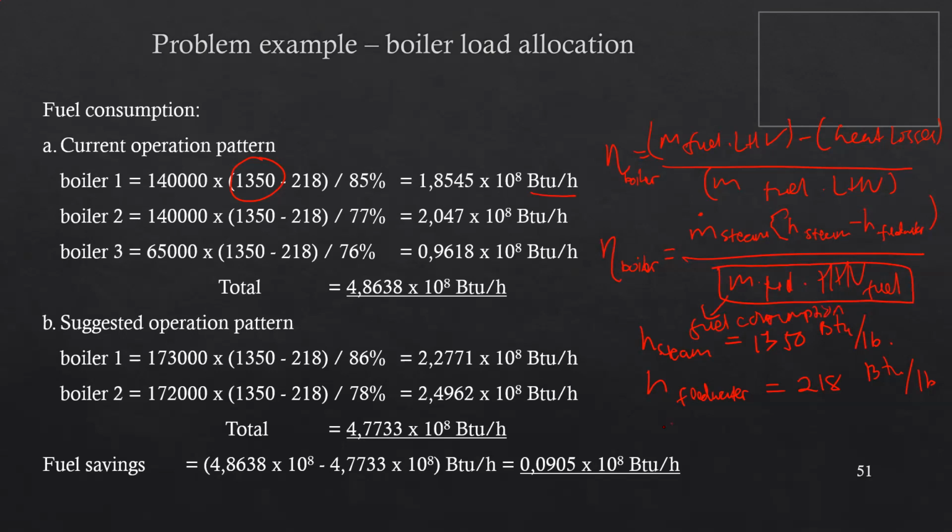Then the formula is: the heat flow rate equals M steam, the mass flow rate of the steam, multiplied by H steam minus H feed water, divided by the efficiency of the boiler. So we can calculate it.